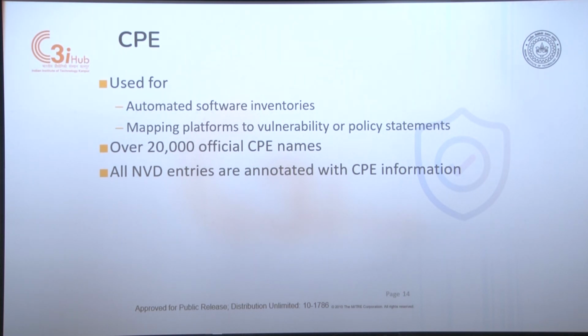Also when you do configurations with CCE, you can say which version we are talking about. There are many CPE names, there is also a database there, and all the NVD entries are annotated with the CPE information. So this is now version 5 going on. So all platform groups combined file. This is an Excel file.